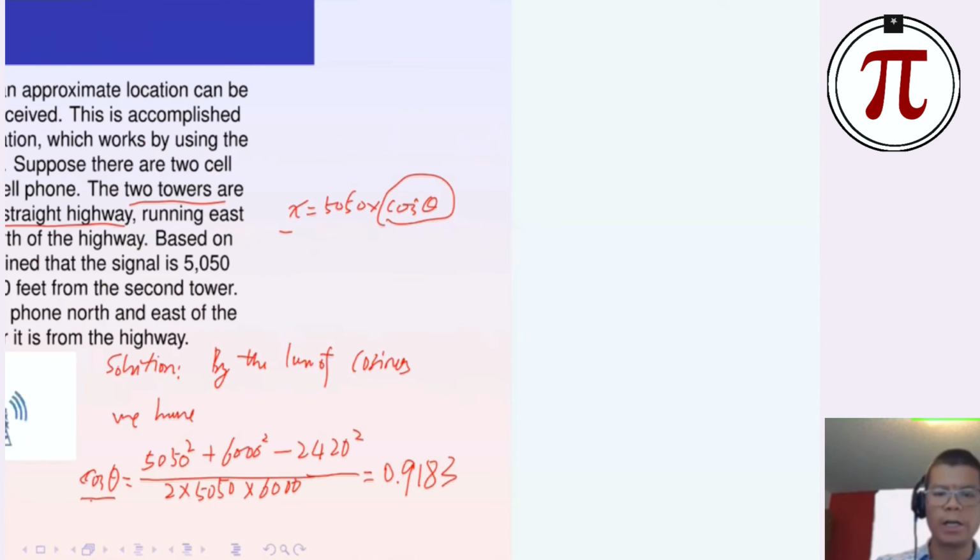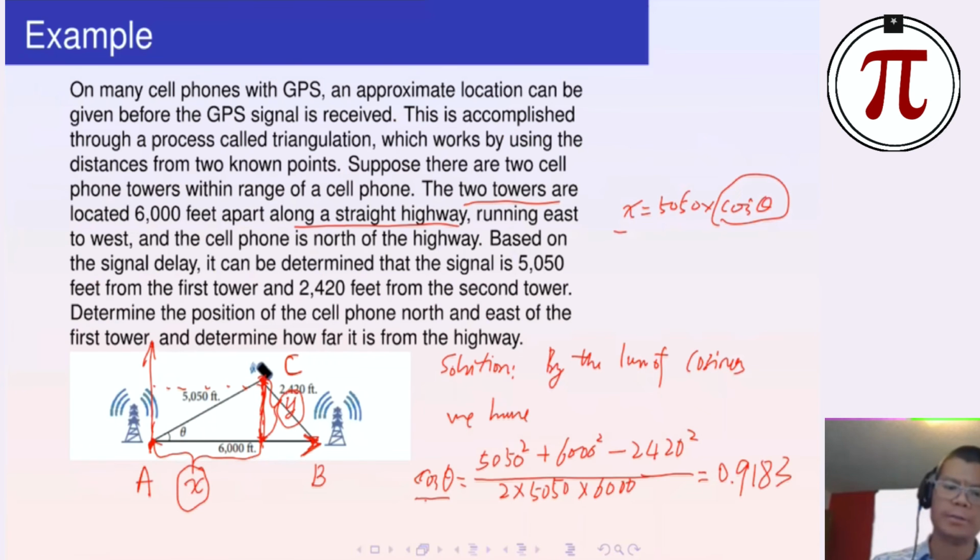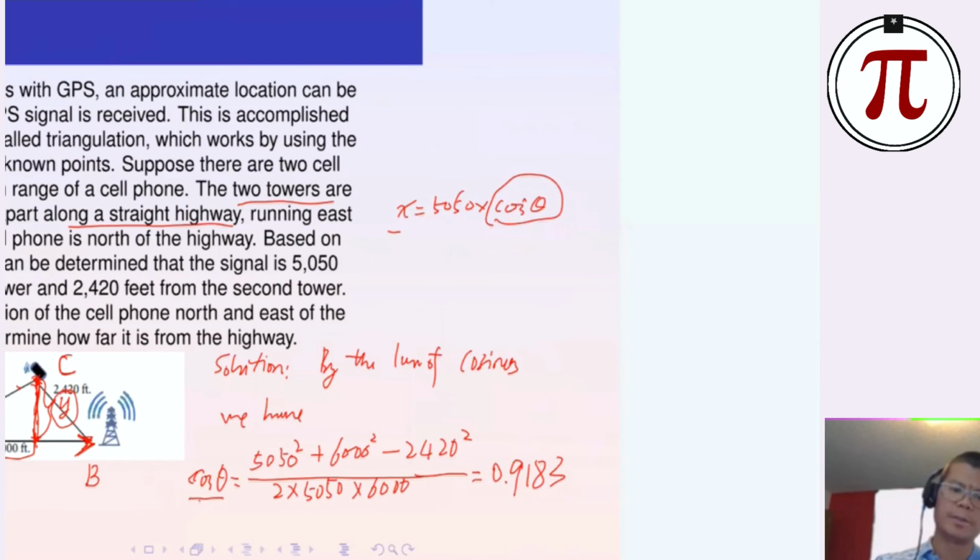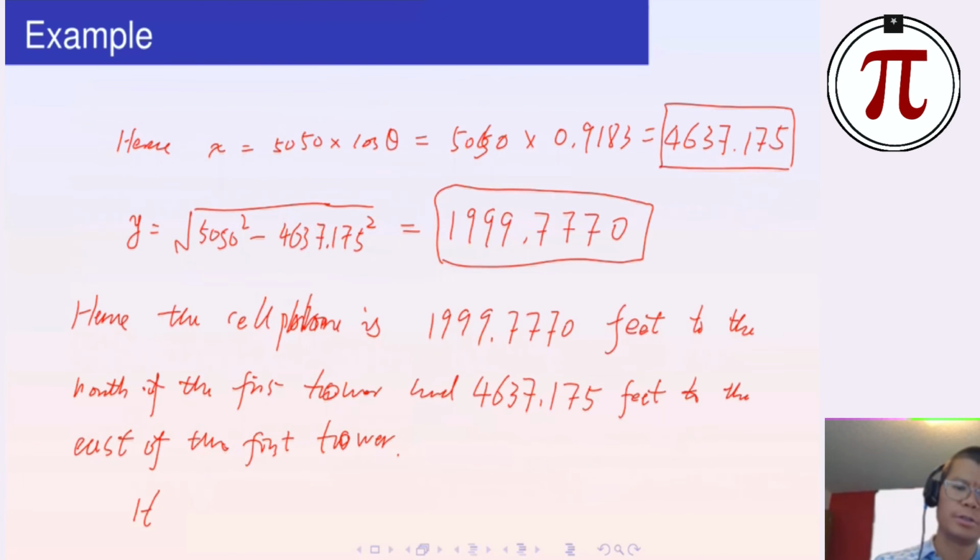And how far is this one from the highway? Easy, right? That's going to be y. It is 1999.7770 feet from the highway.